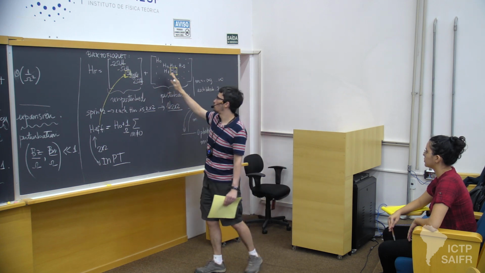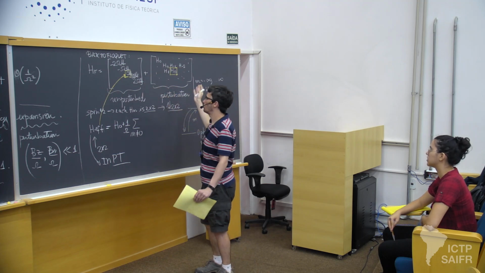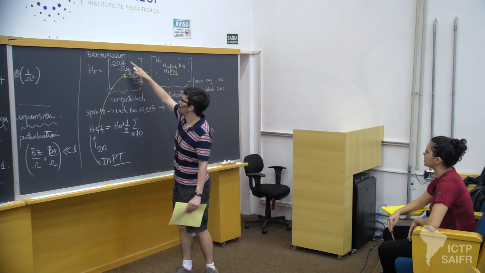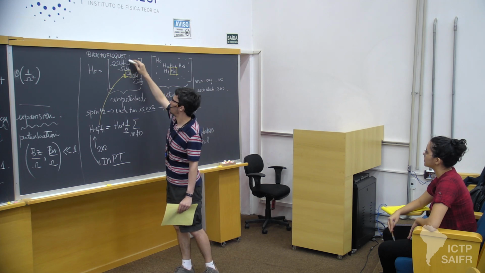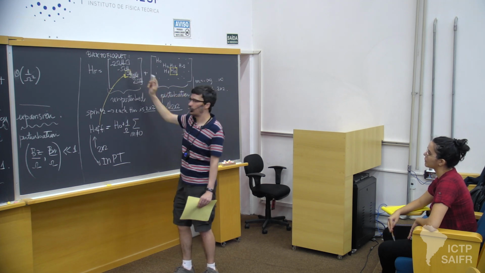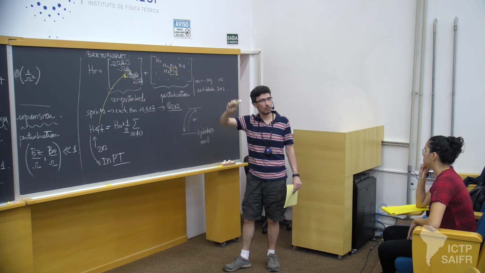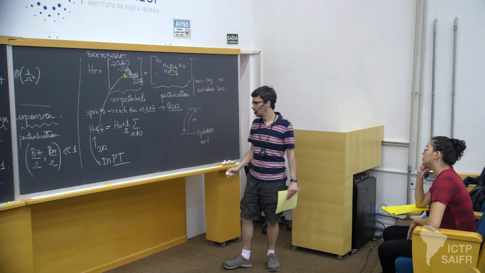So here you can absorb some number of photons. Let's say I absorb 2 photons. If I absorb 2 photons, I come here. And then I re-emit the 2 photons, and then I come back. So these are the excited states, and I'm summing over all these possibilities.